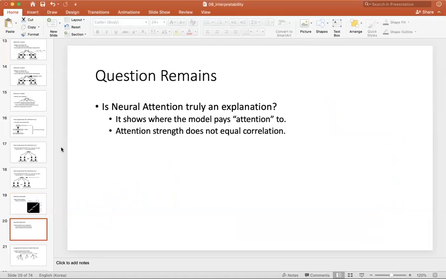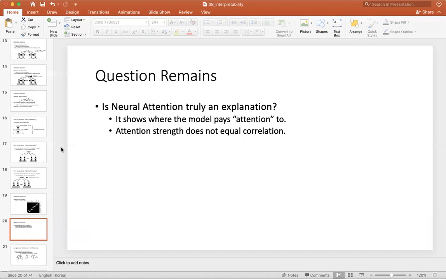So this is more of a philosophical question, but some people are tackling this very specific problem where they want to figure out if attention is truly an explanation, or if it is an explanation, what does it explain? How much can we trust what we see from the attentions?